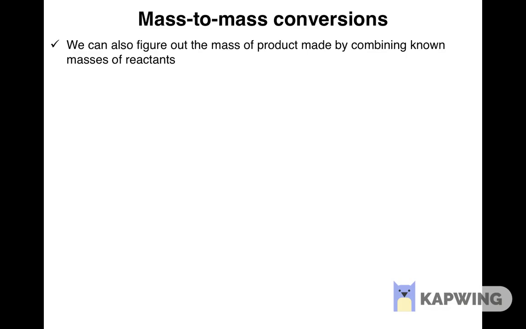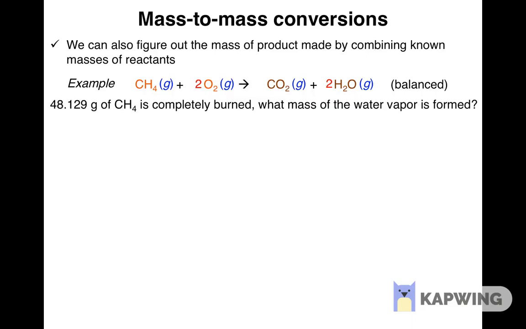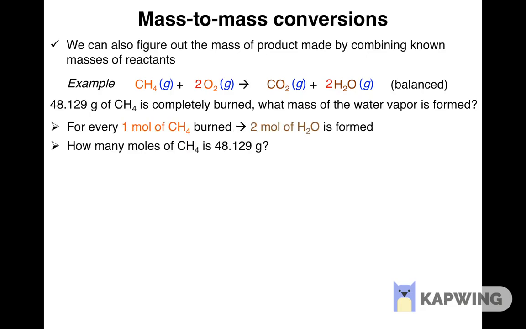Let's say that we want to find the mass of water that is formed when we burn 48.129 grams of methane. We know that for every 1 mole of methane we make 2 moles of water. So how many moles of methane is 48.129 grams of methane? We can find the number of moles of a compound by dividing its mass by its molar mass.